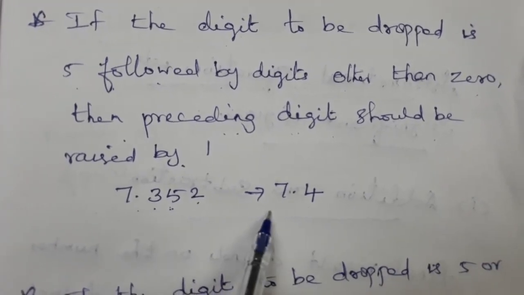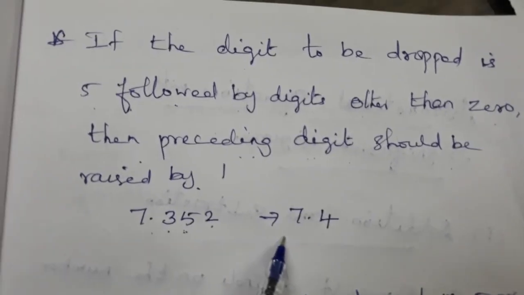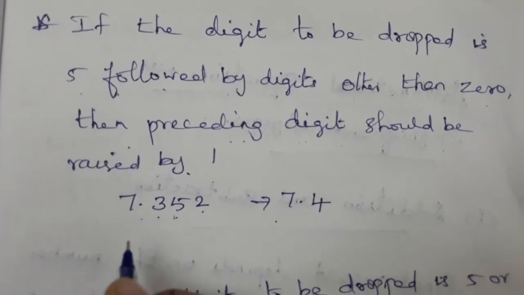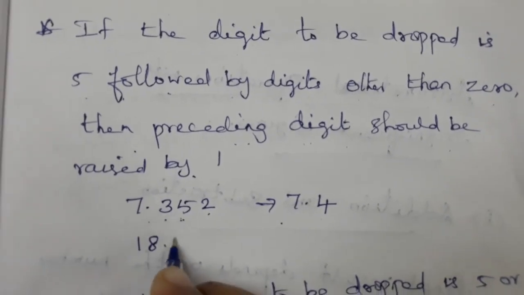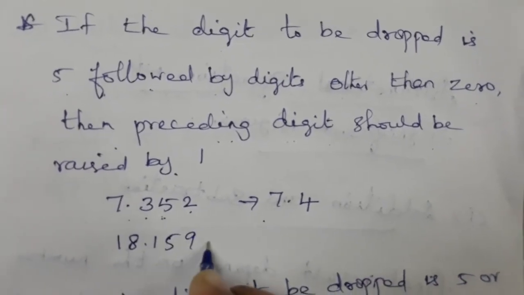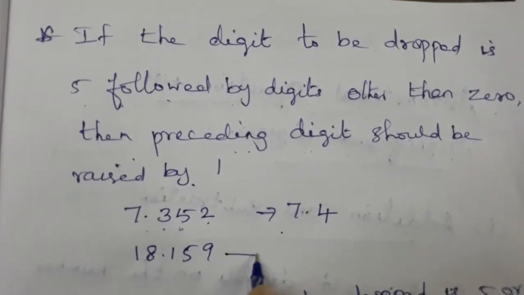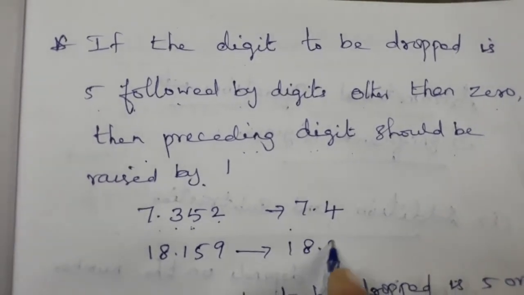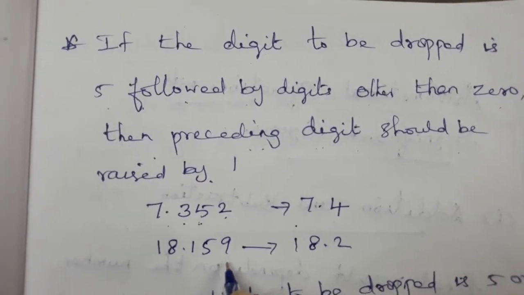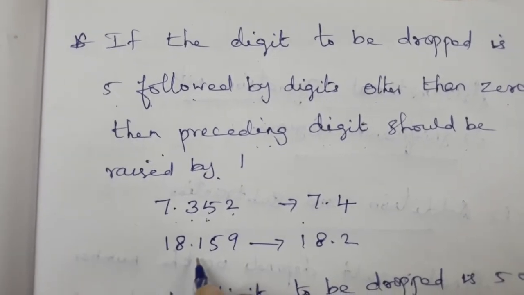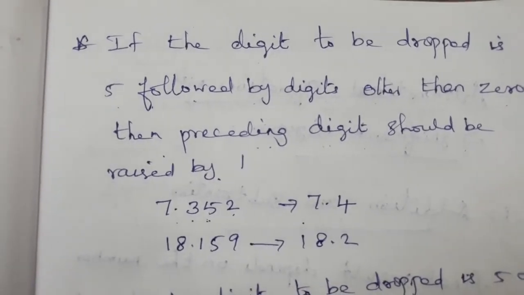So it is rounded off to 7.4. Similarly, 18.159 will be rounded off to 18.2. 5 followed by other than 0, so the preceding digit should be raised by 1.